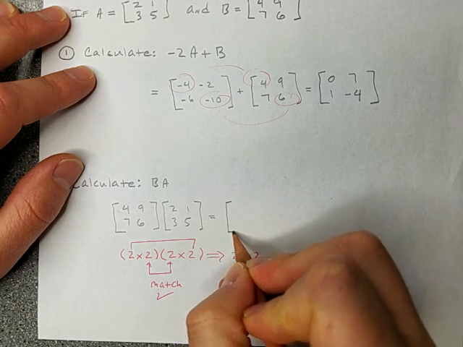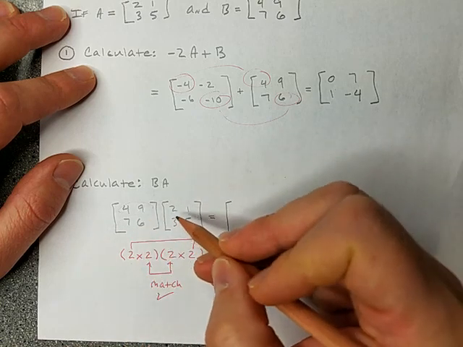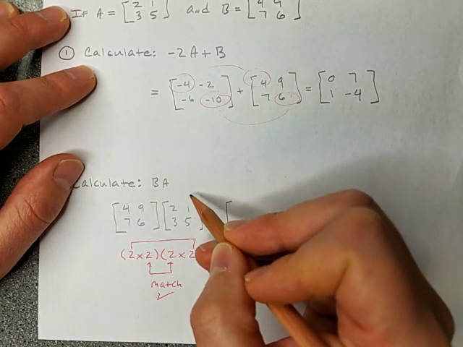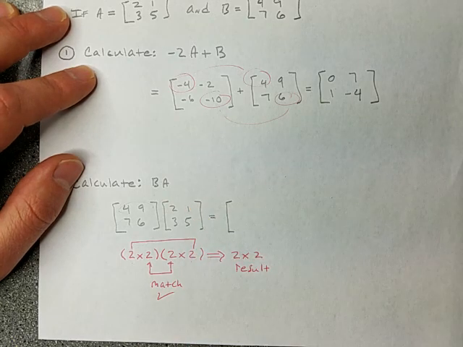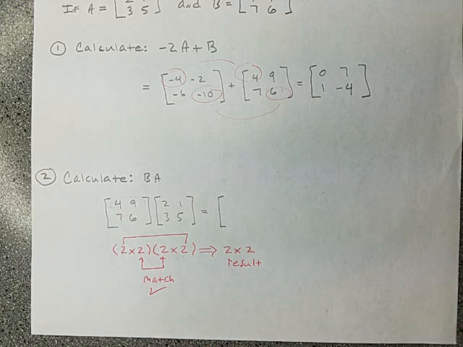And we'll proceed as follows. We'll take row 1 times column 1, row 1 times column 2, and so on. Now, think about if I were to write a formula. Can you imagine what it would be?